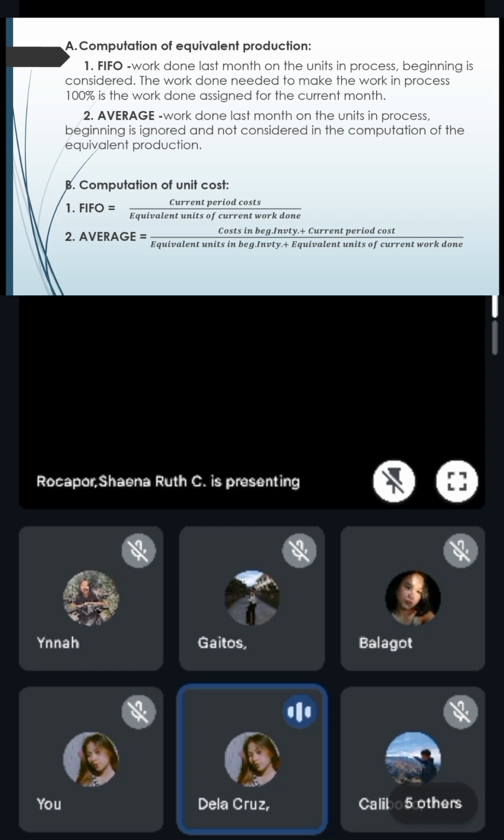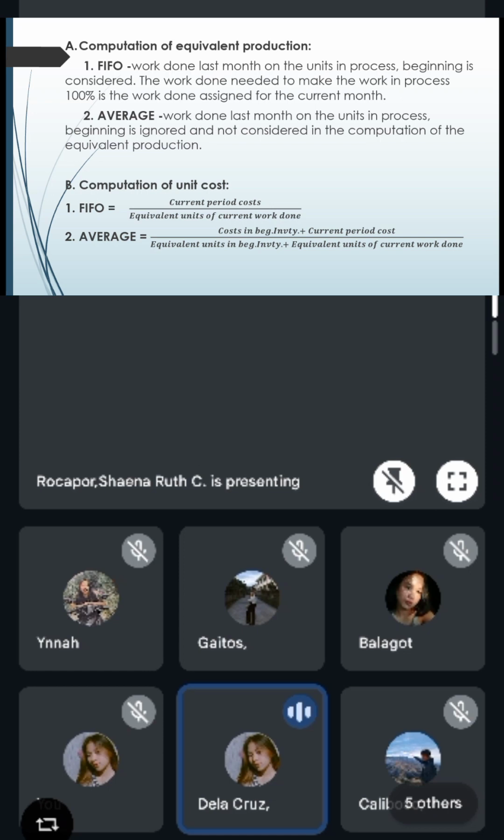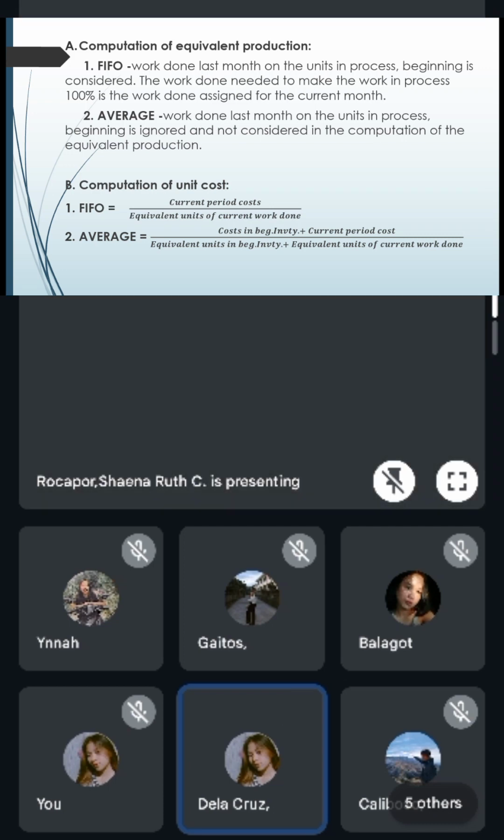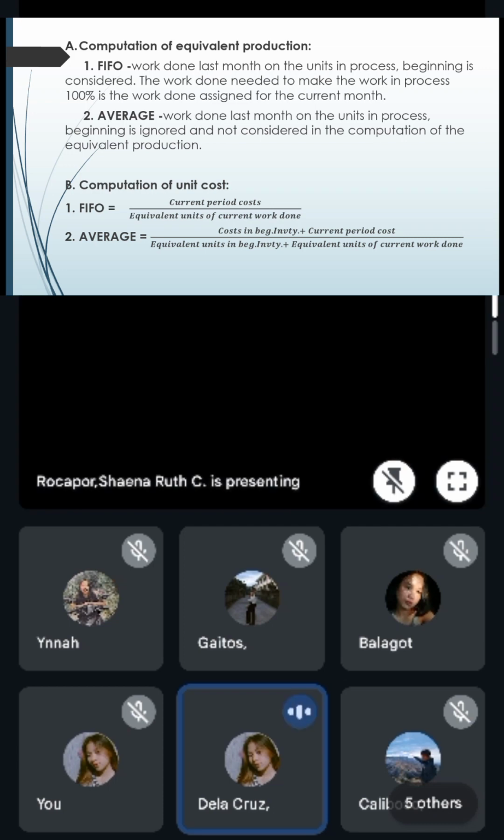It typically refers to the expenses incurred during a specific reporting period to carry out a particular project or manufacturing process, directly associated with the production or completion of work within the accounting period. Equivalent units of current work done refers to the partially completed units of work in process.